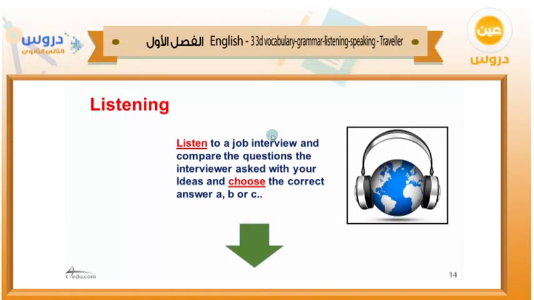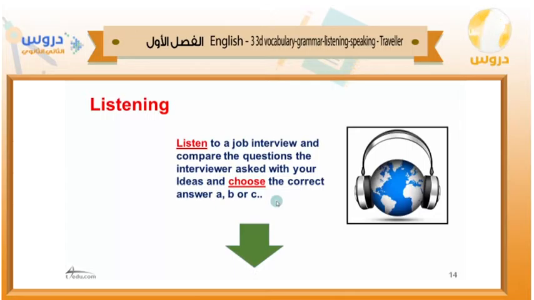Now, as you can see, you can get your headphones ready. We're going to listen to a conversation. So it's a job interview, as you can see here, and listen to a job interview and compare the questions the interviewer asked with your ideas and choose the correct answer A, B, or C. So you will listen to the whole conversation and you will have maybe 5 questions.